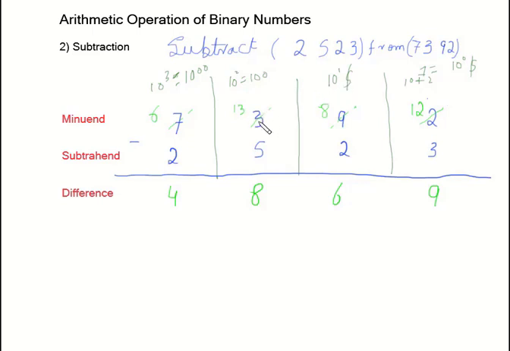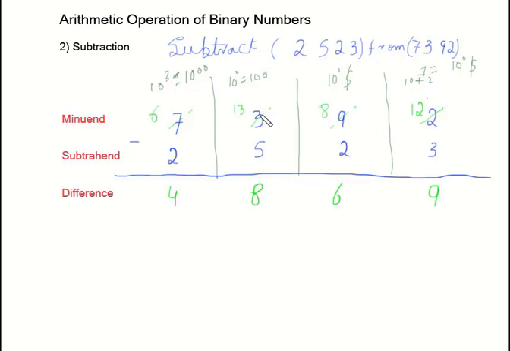Then move on to this one. Here, initially we were taking out $500 bills from $300 bills, which wasn't possible. That's why we borrowed one from this column, and when we borrow from this column, we actually borrow $1,000 bills to this column, which is equal to ten $100 bills.